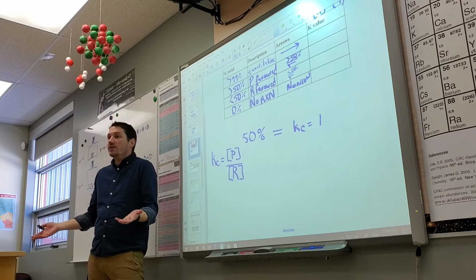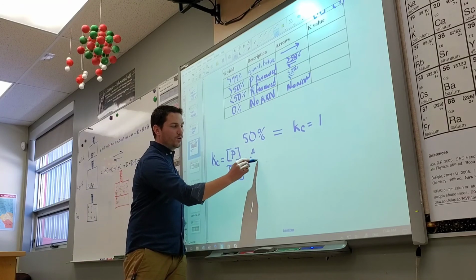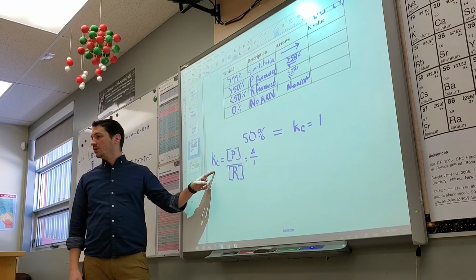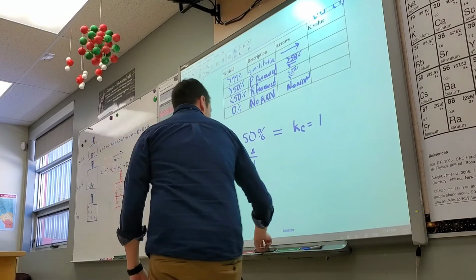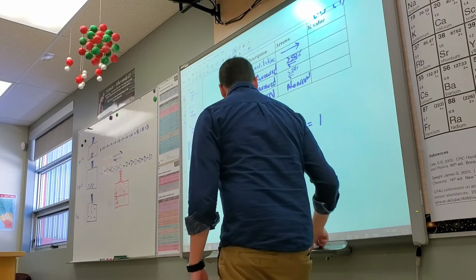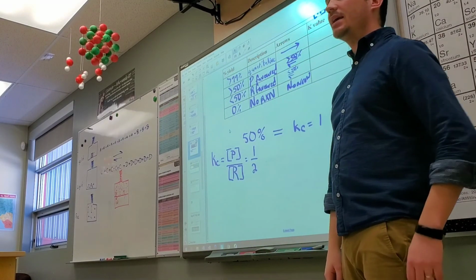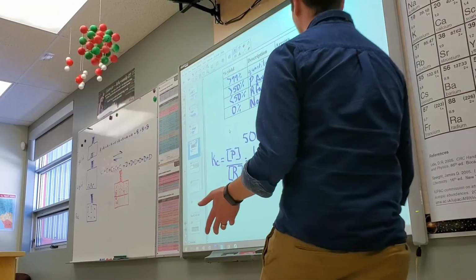Big. It's going to be greater than 1, right? So let's say 2 over 1. That's greater than 1. But what if reactants were favored? 1 over 2. Is that Kc going to be greater than 1 or less than 1? It's going to be less than 1.